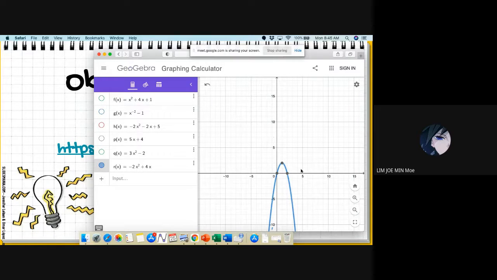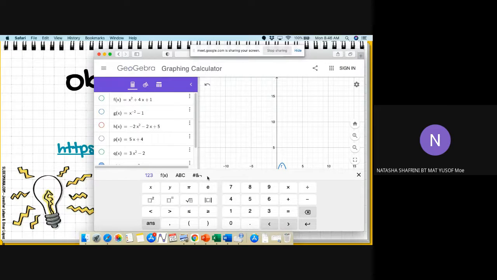Okay, U shape or N shape? N shape. N shape, maximum or minimum? Maximum. Maximum. Okay, coordinates of point? 1, 2. Okay, good. 1, 2. Coordinate 1, 2. Okay. Next. Last one.